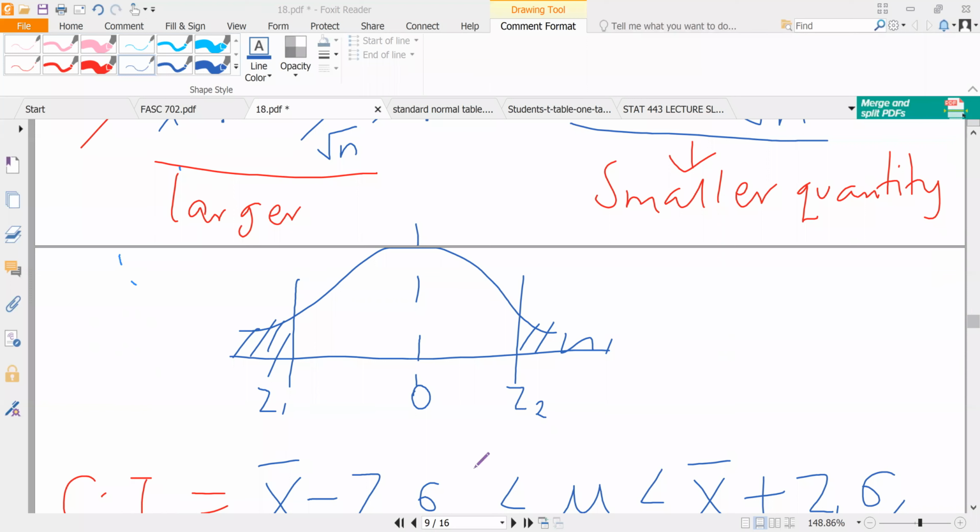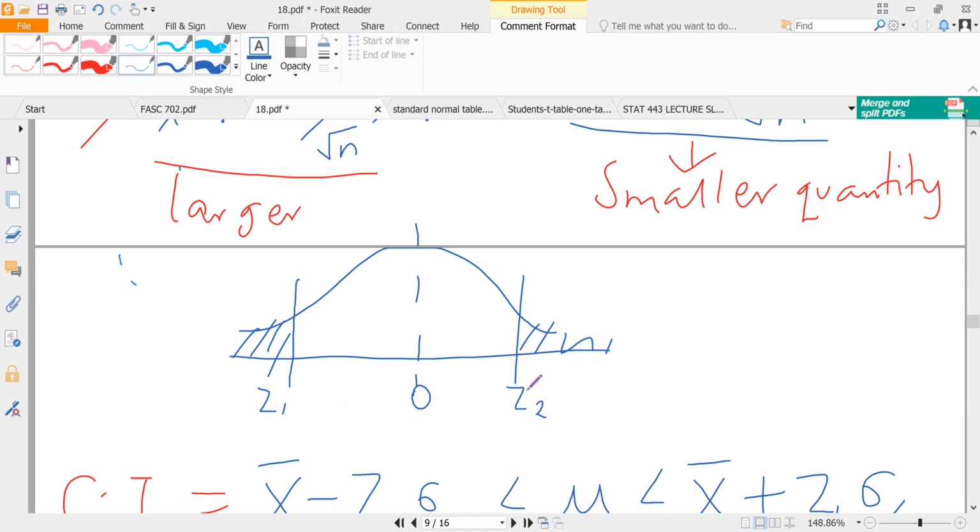So it means that, remember, like I told you, this curve is symmetric. Therefore, whatever is above 0 is a complete replica of what is on the lower side, the left-hand side of 0. So Z2 is always a negation of Z1, and Z1 is a negation of Z2, because the curve is perfectly symmetrical.